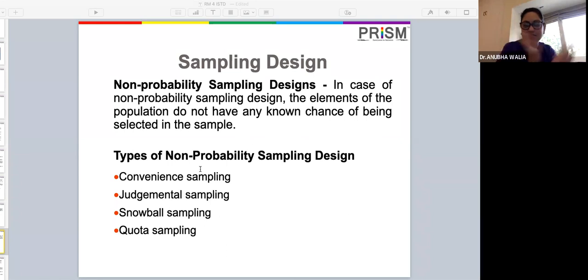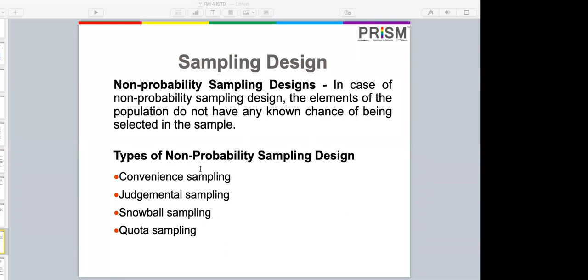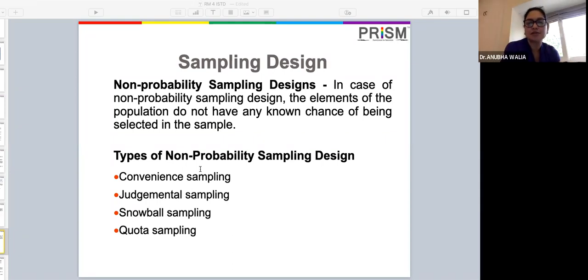The word accidental actually grabs the attention. Accidental sampling, sometimes known as grab, convenience, or opportunity sampling, involves a sample drawn from the part of the population which is close at hand.